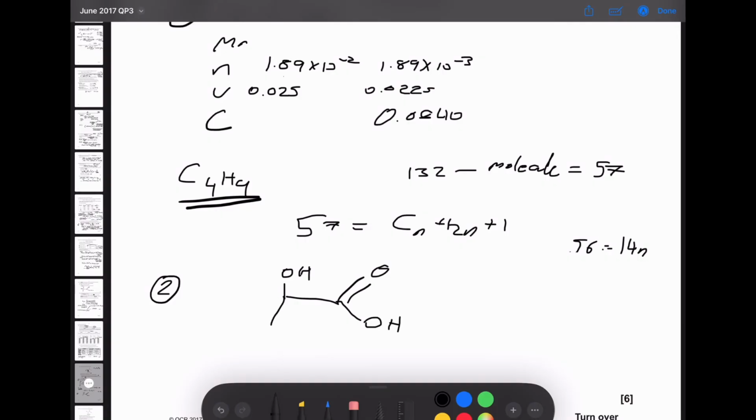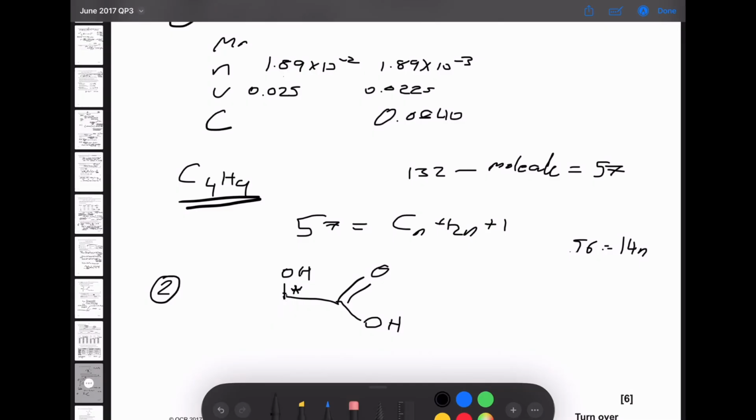First of all, this is going to be a chiral center right here, because the OH group, the hydrogen, the carboxylic acid group, and whatever R is, are all 4 different groups. None of these other ones can be a chiral center, so we're going to have a chiral center within our carbon chain. How are we going to do that? Well, we're going to have branches.